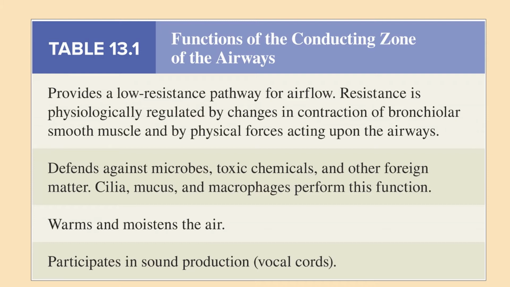So our airways are lined with a mucosa and epithelial tissue that is ciliated. Cilia are hair-like extensions of the plasma membrane, and these cilia are coated with mucus, this sticky material. And so in the conducting zone, the mucus-coated cilia help to trap and propel particulates away from our alveoli.